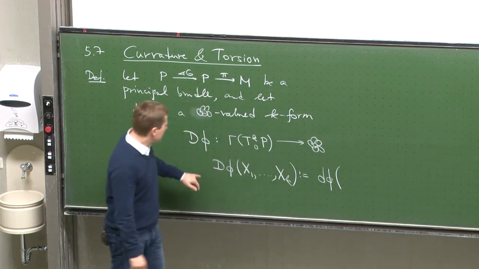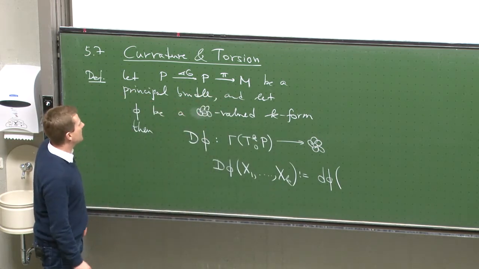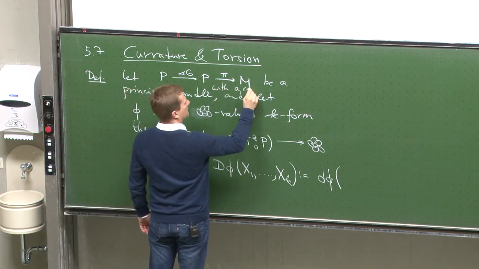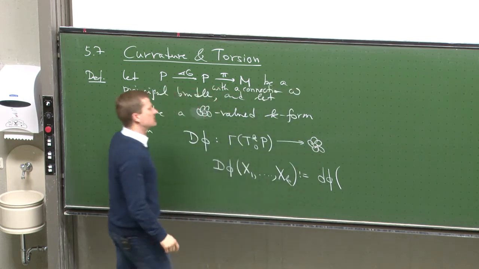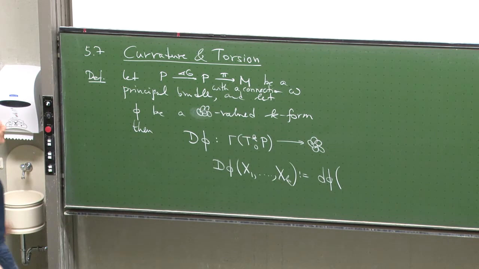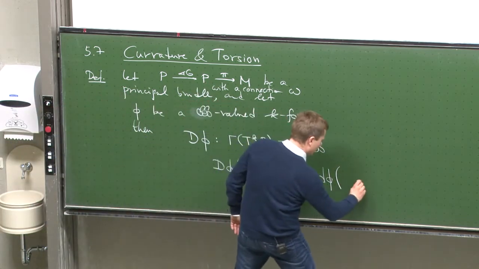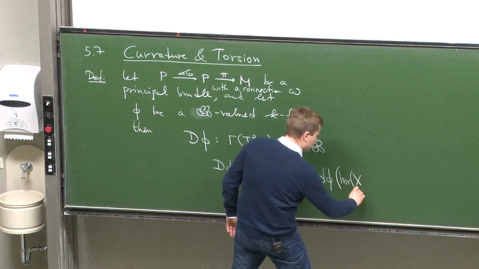And the connection, I forgot the connection, a principal bundle with a connection 1 form. That's important. With a connection, I mean connection 1 form omega that lives on this principal bundle. Then I plug in all the x's here, but only their horizontal parts.